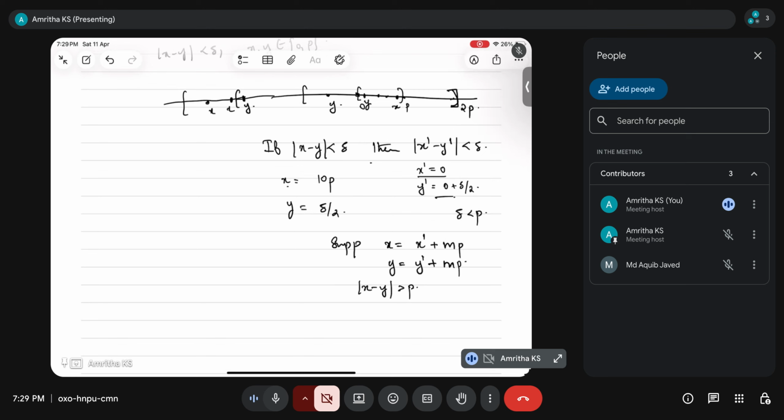Then I can find x dash here and y dash here.